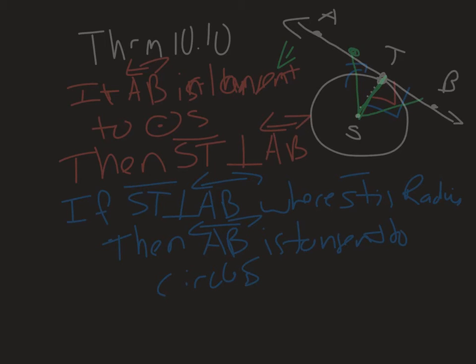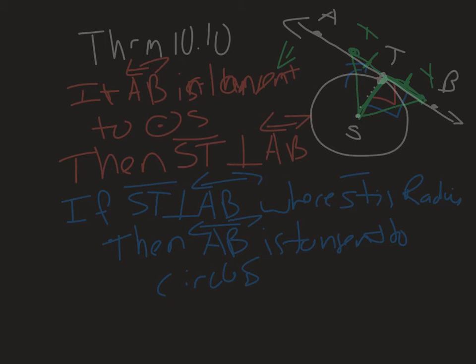We can let these points be equidistant from T, and call them X and Y. From there, we'll probably use some triangle congruencies to show that these two green triangles I've drawn are congruent. And then if the triangles are congruent, then we can talk about the angles at T being congruent.